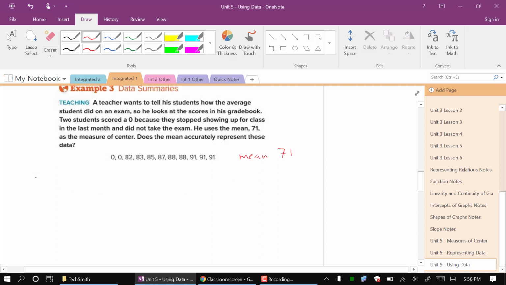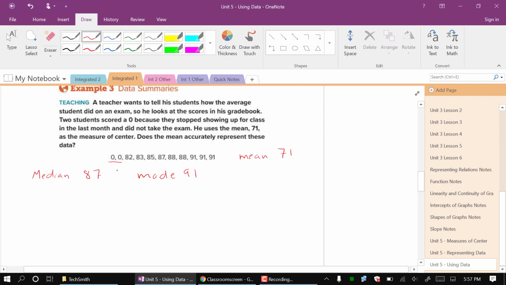So when we look at this, if we were to find what the median is, the median of this data set is 87, and the mode of this data set is 91. So the mean of 71 is affected by these 2 zeros right here.